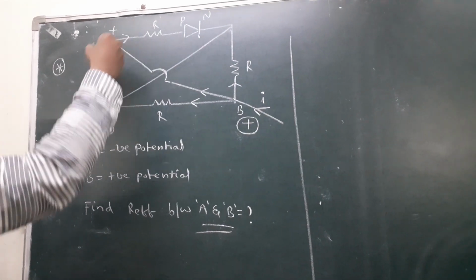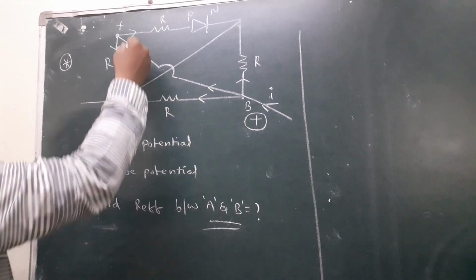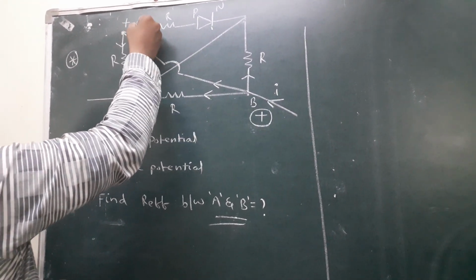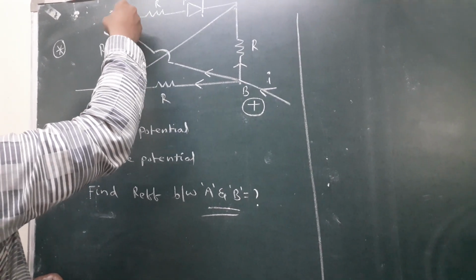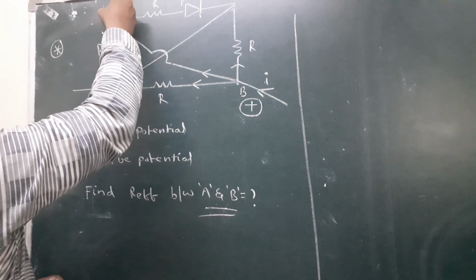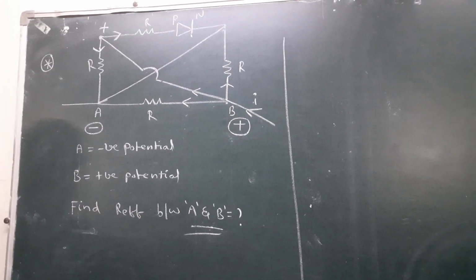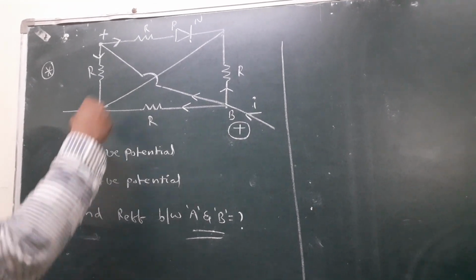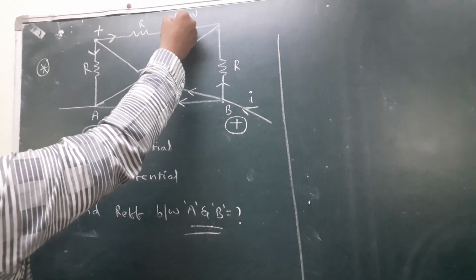Here the current is divided. Current always flows from plus to minus. Divide means here plus, here plus, so the current flows. That means P is connected to positive, so this acts as a forward bias.